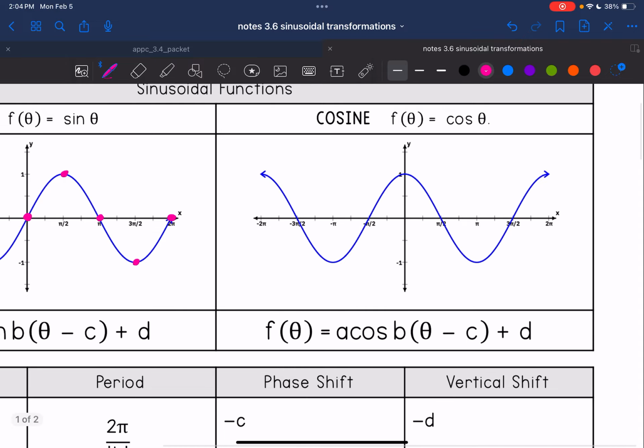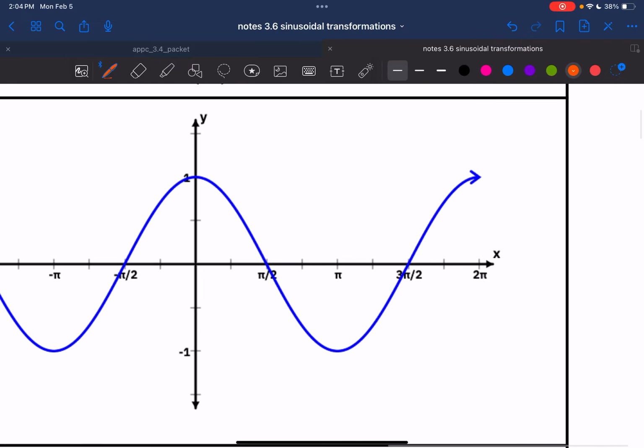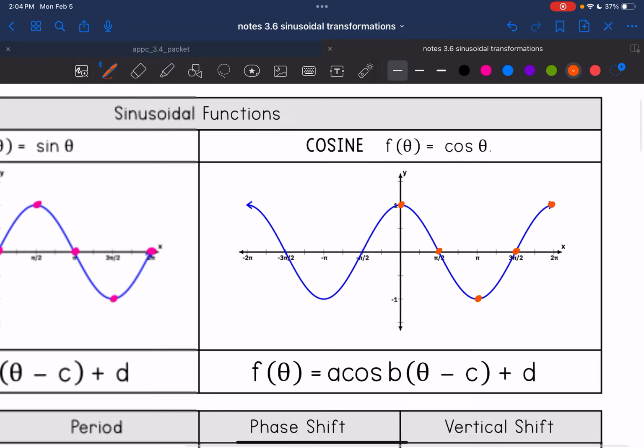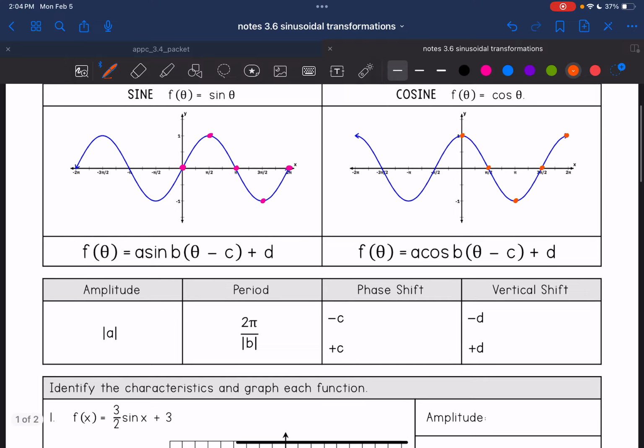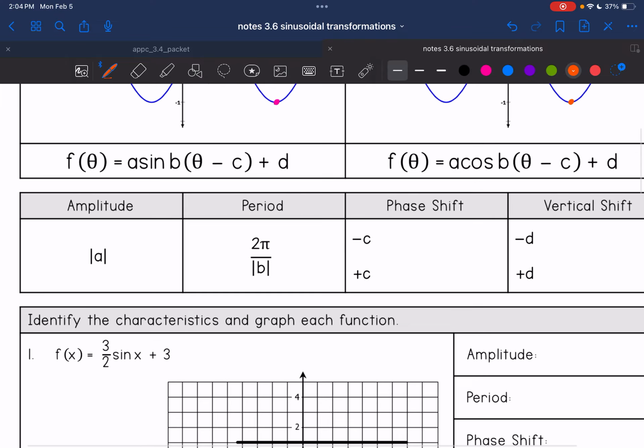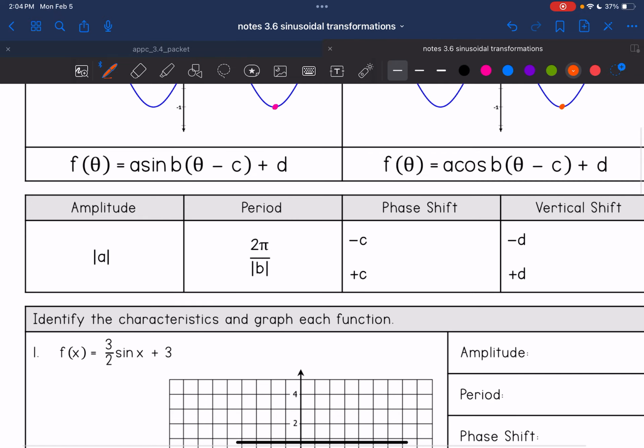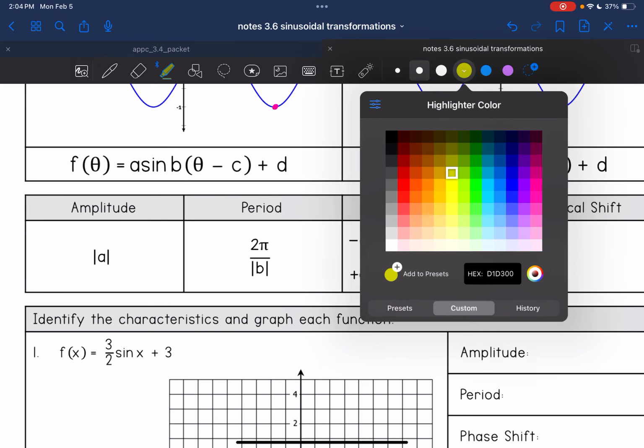For cosine, it starts at a maximum, goes down to the middle, then down to a minimum, back up to the midline, and then back up to the max. So while both graphs will make that same wave, and they'll look the same, you have to think of the critical points differently.